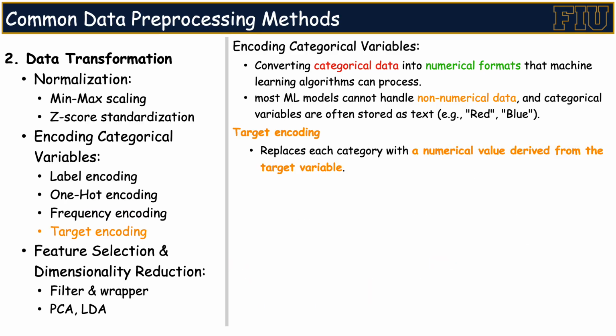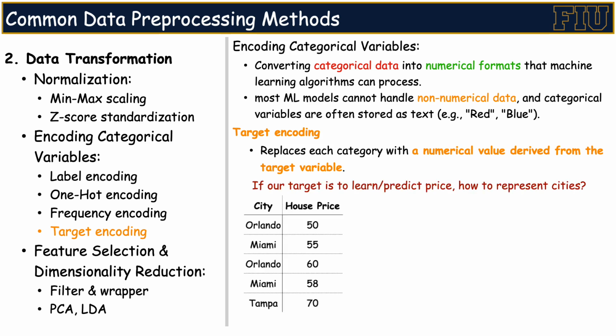Finally, let's look at an encoding scheme that can incorporate ordinal relationships, target encoding. In target encoding, we replace each category with a numerical value that is derived from the target variable. For example, if our target is to predict house prices, we can take a categorical feature like neighborhood and replace each category with a numerical value derived from the target, say, the average house price for that neighborhood.